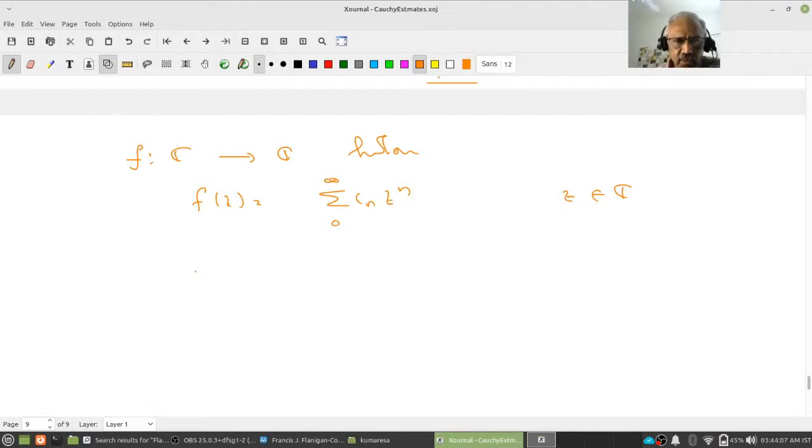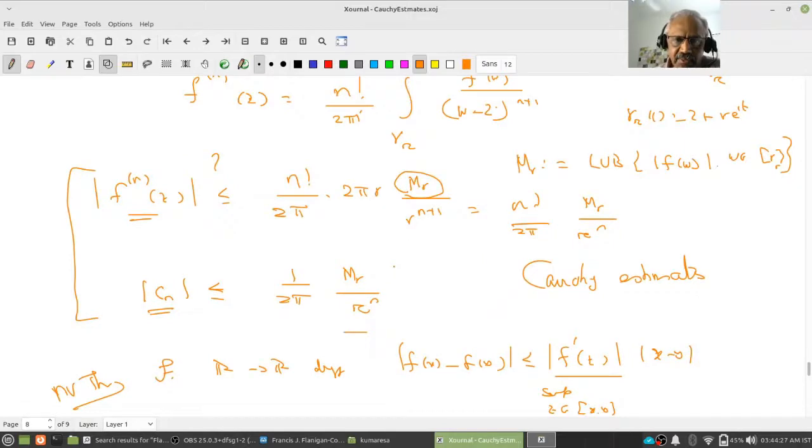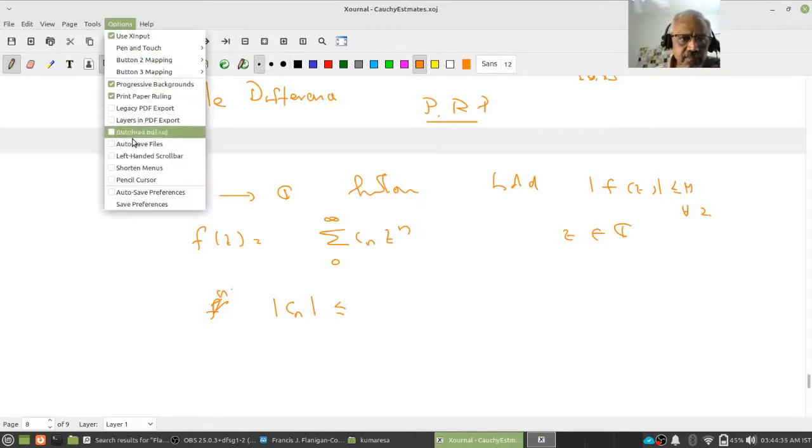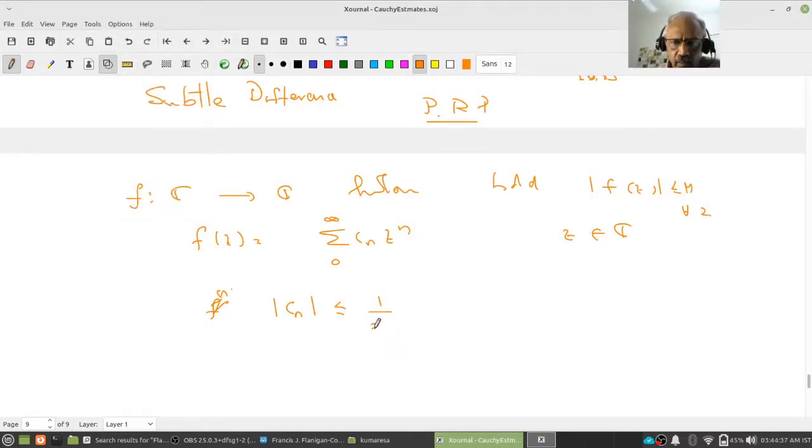Right? Now what does it say? It says that the nth derivative, that is mod c_n, is less than or equal to, suppose this function is bounded, that is mod f(z) is less than or equal to M for every z. Then that is going to be bounded by 1 by 2 pi, M by r to the power n.